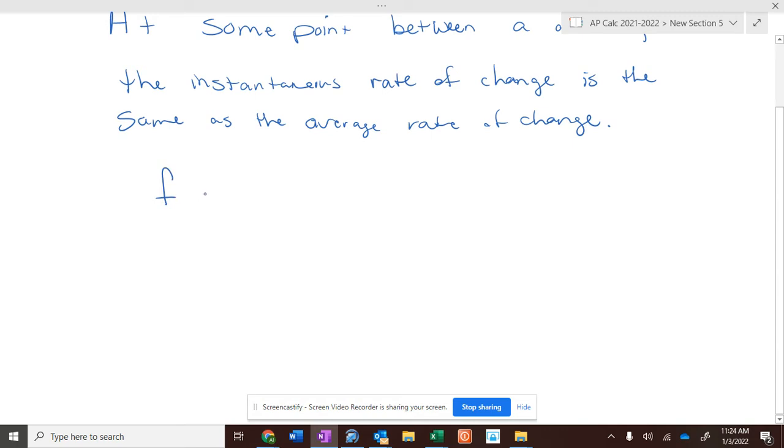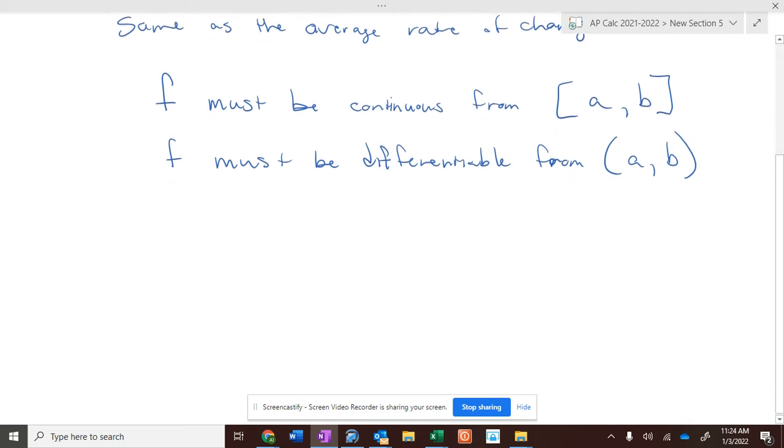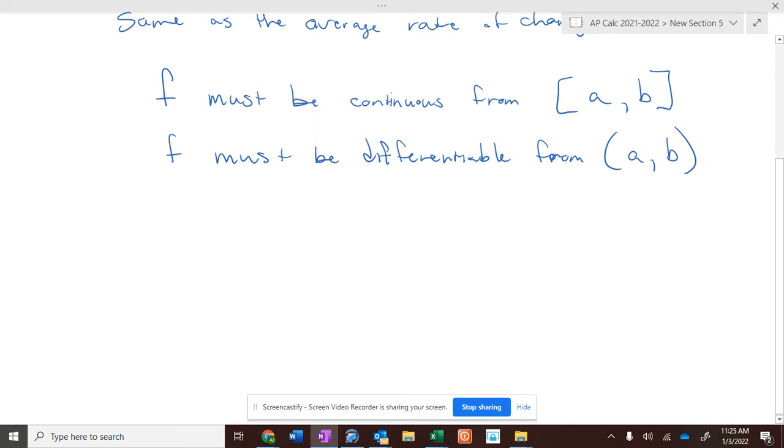Now, the function must be continuous on the closed interval from A to B, and it must be differentiable on the open interval from A to B. Open interval, closed interval, you don't have to worry about that too much, but know that since this is an open interval, the C we're looking for cannot be the endpoint. So don't try to use C as the endpoint.